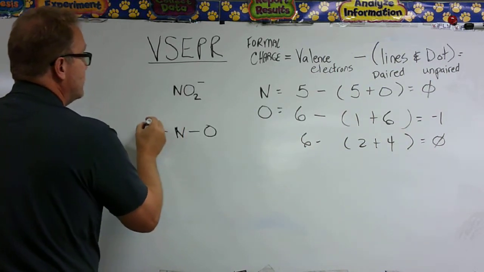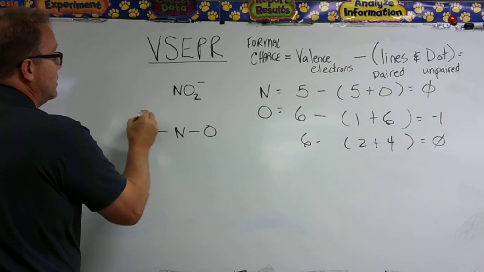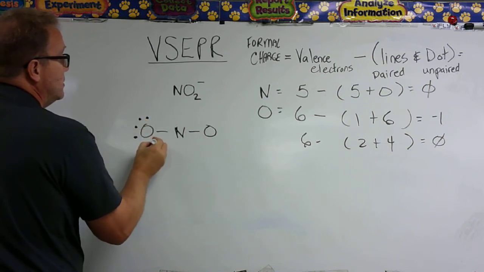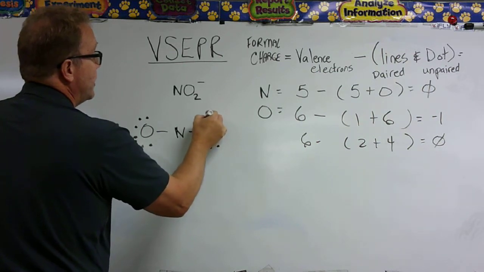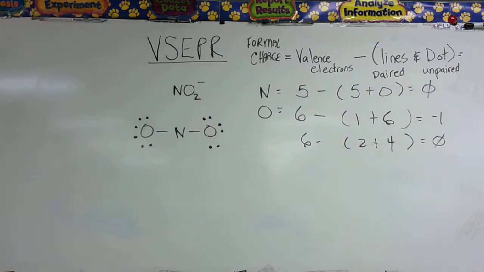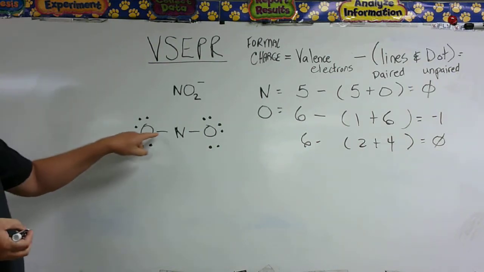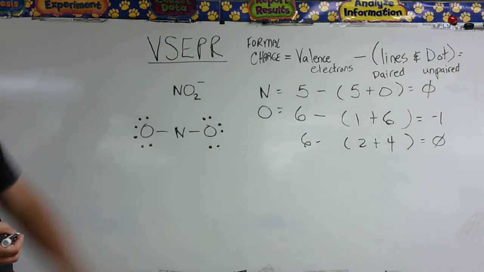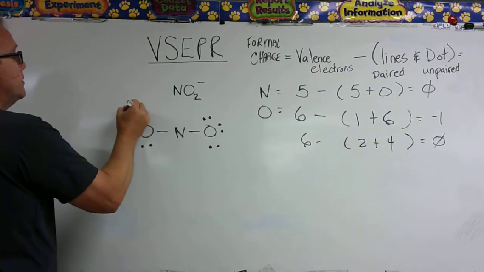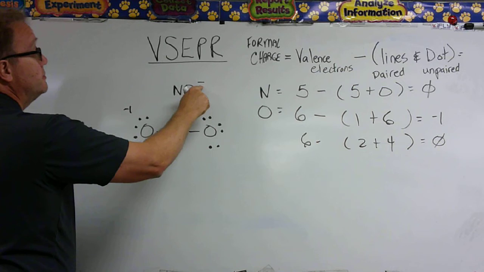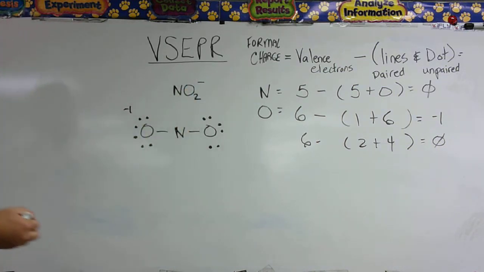I'll draw it like this, and make these like this. Again, common procedure for outer atoms. I take care of the outers first. You're going to notice that this one meets the qualifications of the top one for the oxygens. So I'm good with the -1. It matches up.